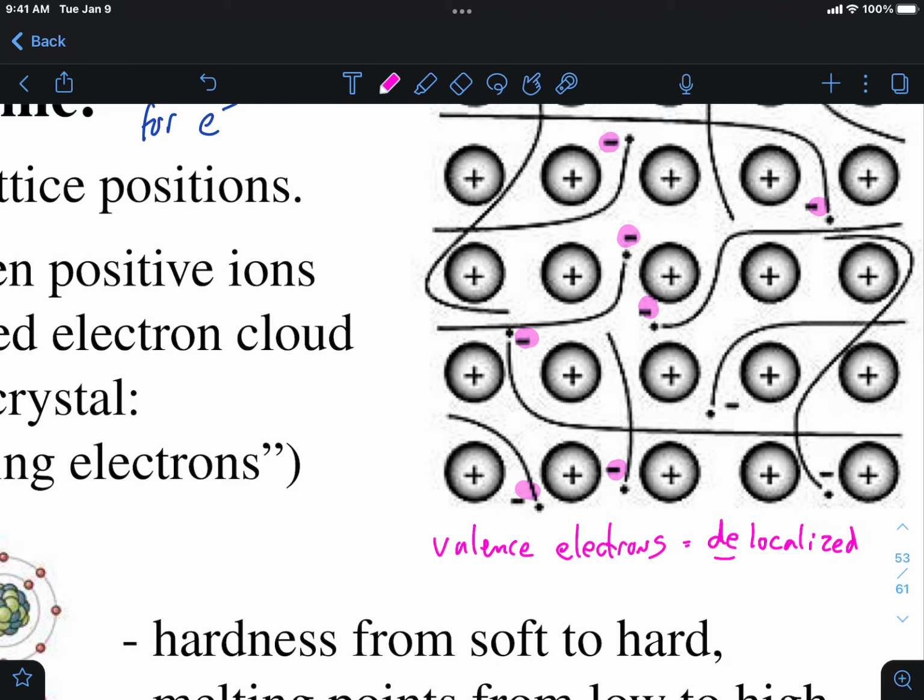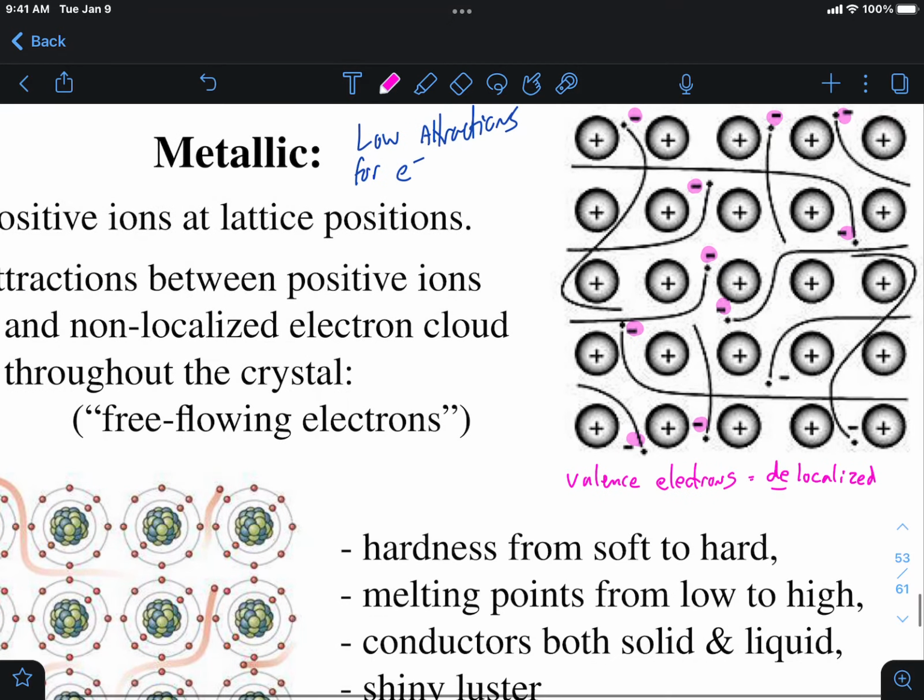What that means is they don't stay put. They do not belong to a single atom. They're community electrons. They're shared. So every single one of these electrons travels and moves throughout the solid, always moving.